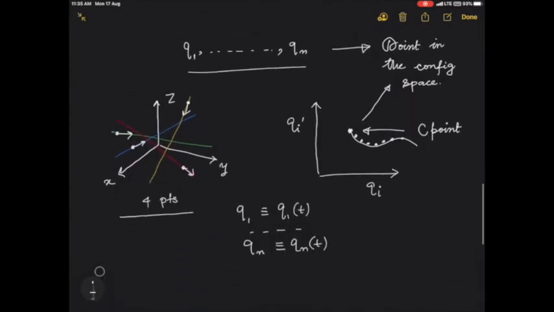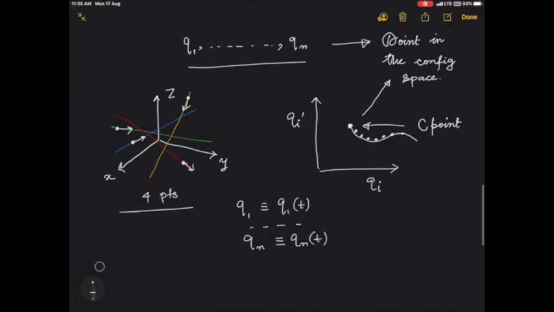Then we realized that in terms of the configuration space, the entire system at a given instant of time is just given by one point, which we call the C point, and the further evolution of the system is given by a curve, which we can call the C curve. If I tell you how all the coordinates vary with time, that will give you the C curve.